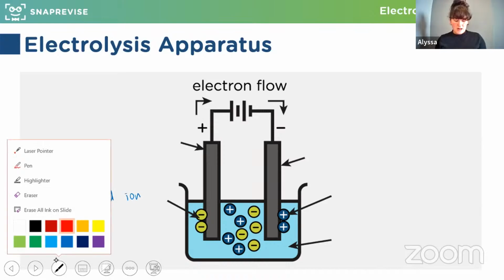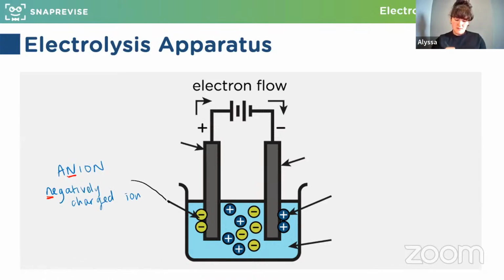So those little ions down there are the negatively charged ions. And on the other side then, the positively charged ions are called what? What's a positively charged ion called? Really good, well done, fantastic. A cation.